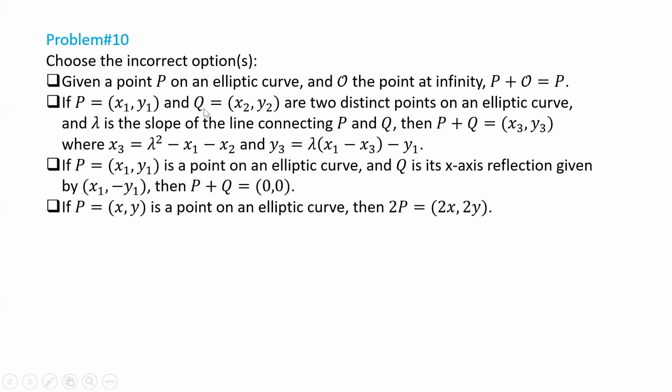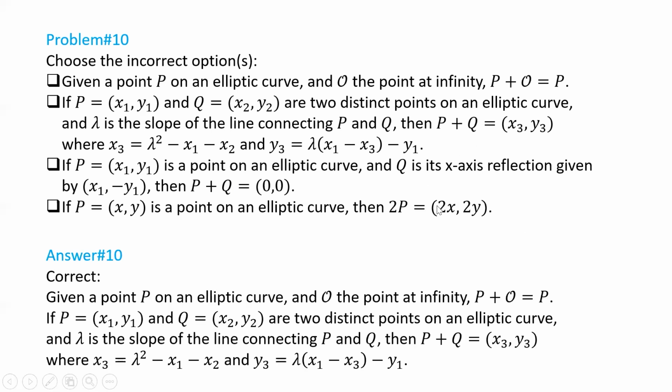In case of P plus Q, the only difference is that instead of x1 minus x2, as x1 and x2 are same, we can write lambda square minus 2x1, and y3 is exactly as written here. The only difference is that the lambda value will not be the same in statement 2 and statement 4. We will just see the detailed calculation in the next slide.